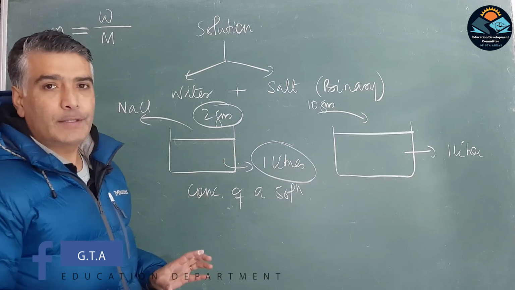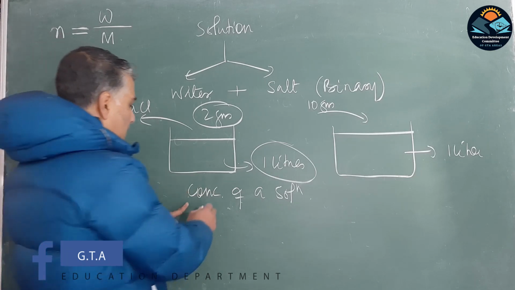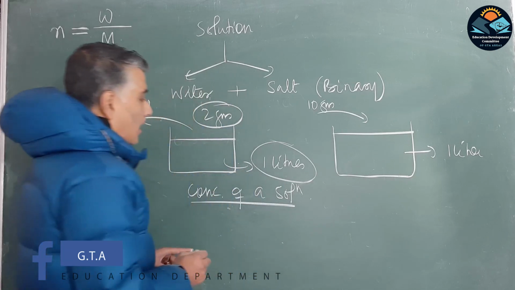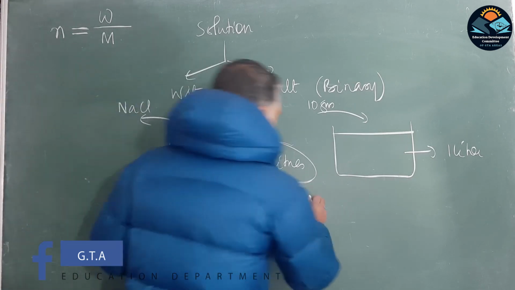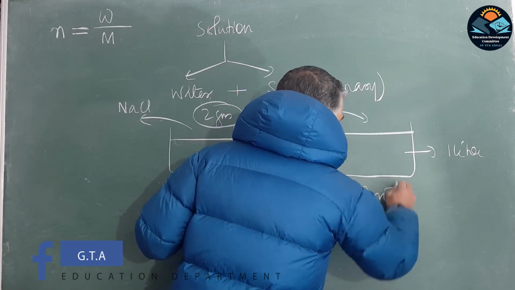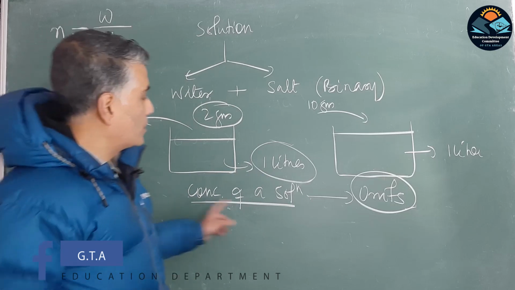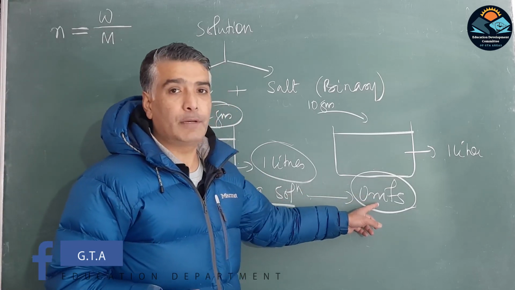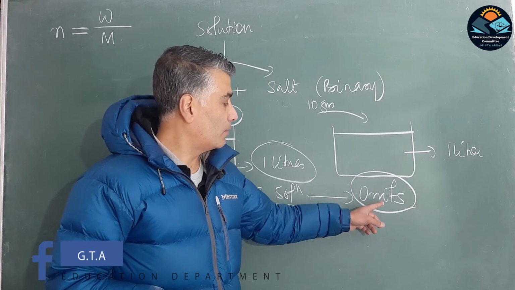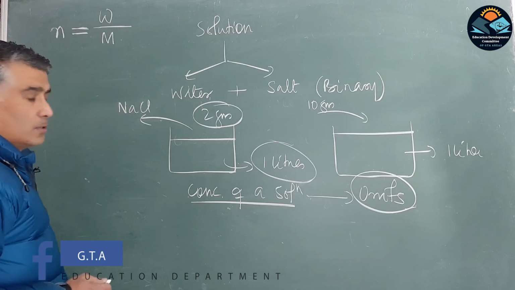But all these measurements or expressions require some kind of units. So to express the concentration of a solution, to say that my solution has so much of solute and so much of solvent, there must be ways, there must be units. So we're going to see a few such expressions of concentration of a solution, a few ways of telling that my solution has so much of solute and so much of solvent. That means we'll see some units of concentration of a solution.